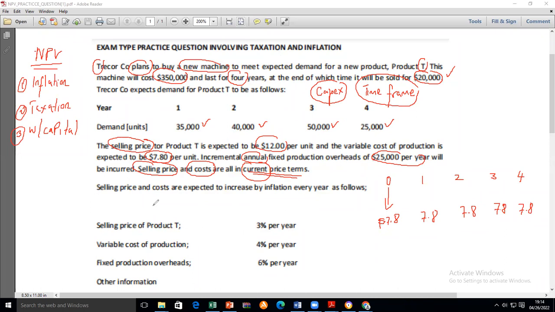The selling price and costs are expected to increase by inflation every year as follows. So now you're given the inflation figures: for the selling price it is 3%, for the variable cost it is 4%, for the fixed costs it's 6%. These are the inflation rates every year.